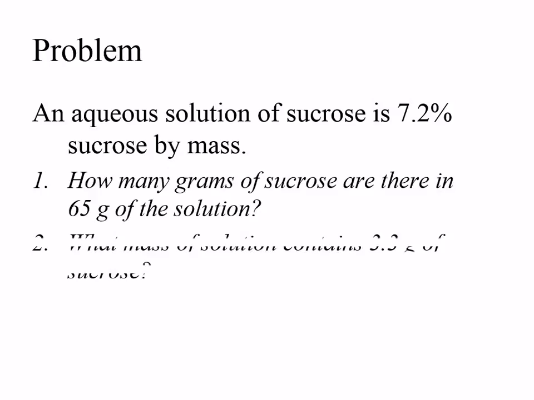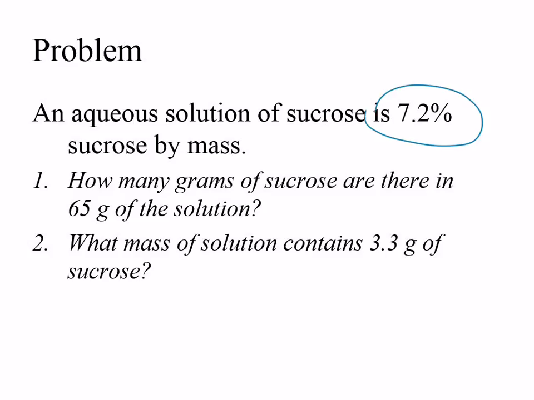But we're going to answer 2 questions. I'll go ahead and unpack that and show you what I mean. In my little scribblings, I will take that 7.2% and rewrite it, like you can see on the next slide maybe, as 7.2 grams of sucrose per 100 grams of solution or mixture.